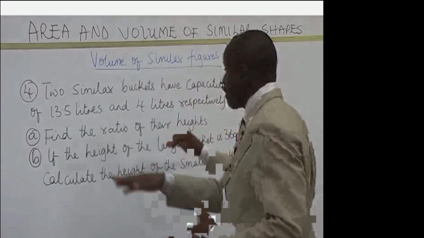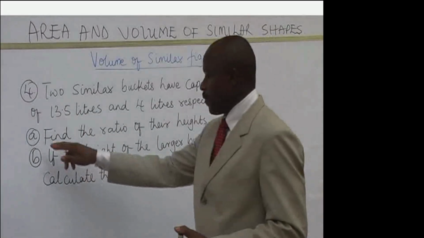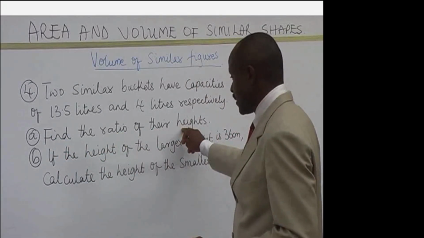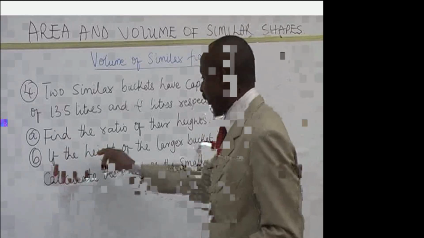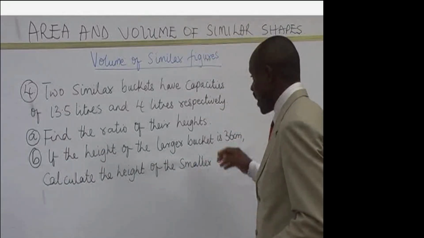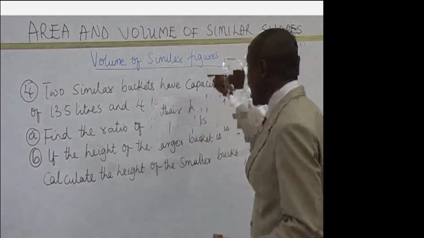Two similar buckets have capacities of 13.5 liters and 4 liters. Question number 8 said we should find the ratio of their heights, and B, calculate the height of the smaller bucket. Now, there are two similar buckets that have capacity.